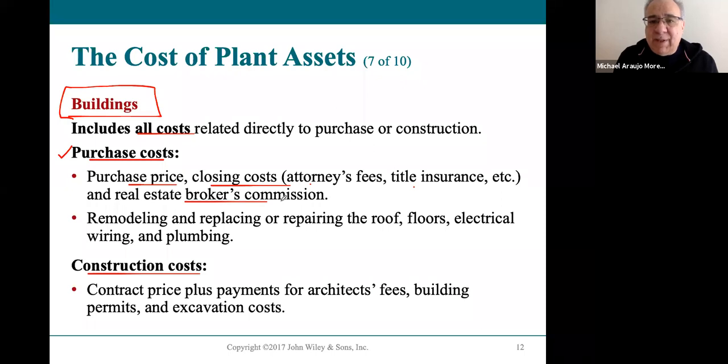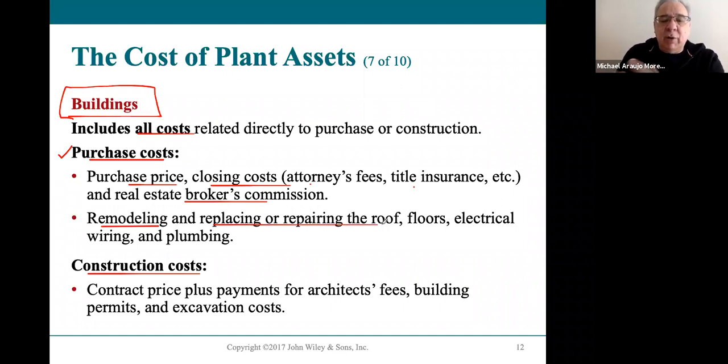And so what happens if you bought a really old building and you've got a lot of work to do? You're going to have to remodel that particular building. All that remodeling becomes cost of the building because you have to bring it up to the current standards, the current codes and the law. And you have to do that before you can open it. So obviously you have to do it before you're ready to use it. So it falls into that category as ready to use and thus part of the cost of the building.